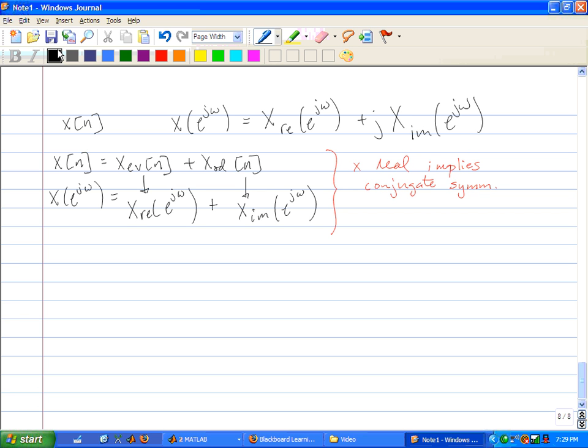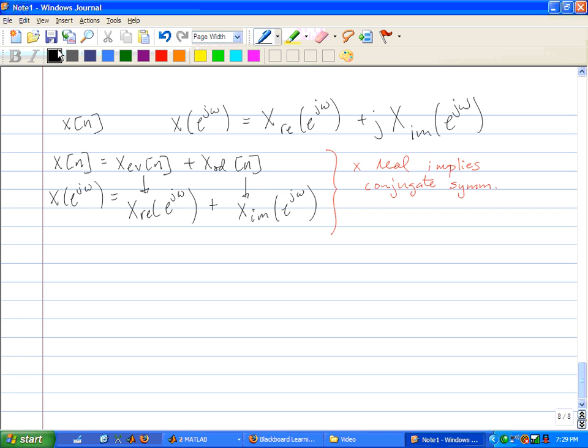You can have an even and odd part of your function. Actually, that's not entirely true. Once I use the terms even and odd, I'm sort of implying that the function was real. But if you're dealing with a complex function, instead of even and odd, you can have the conjugate symmetric portion and the conjugate asymmetric portion. It's essentially the same thing.